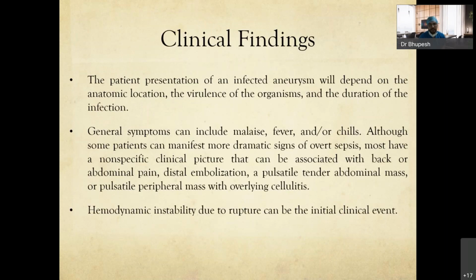The general symptoms can be malaise, fever with chills, although some patients can manifest more dramatic signs of overt sepsis. Most have a non-specific clinical picture that can be associated with back or abdominal pain, distal embolization, or a pulsatile tender abdominal mass or a pulsatile peripheral mass with overlying cellulitis. Hemodynamic instability can give us a suspicion of rupture. This can be an initial clinical event.